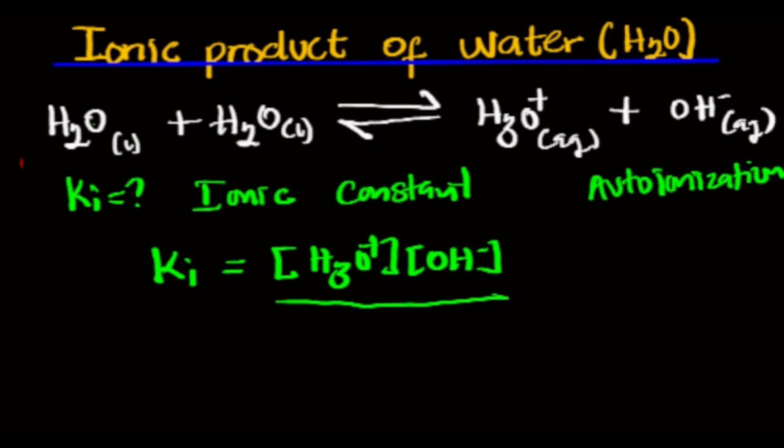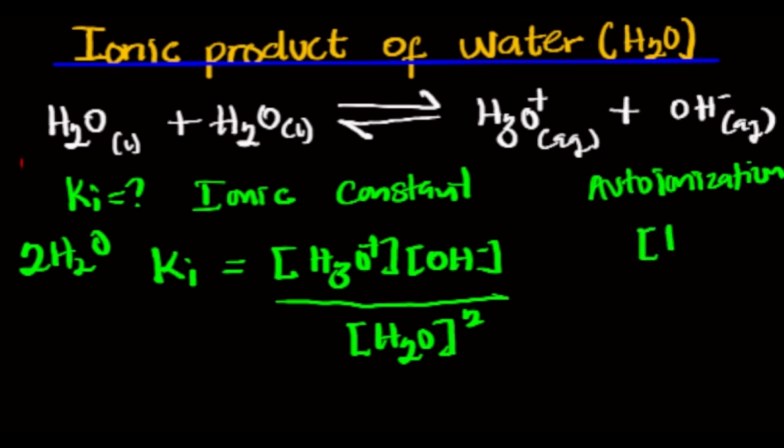And you know this is 2 water molecules, 2H2O, so we have H2O raised to the power of 2, according to the equilibrium law, product over reactant. And we know that the concentration of water, H2O, is 55.56.